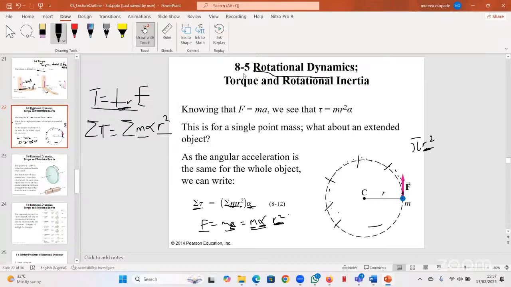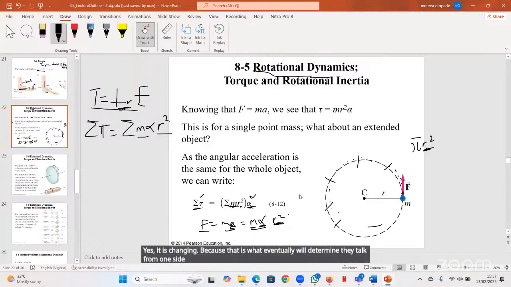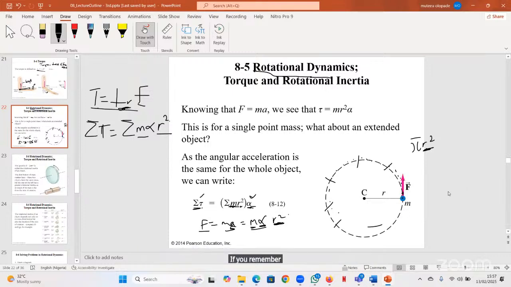Yes, it is changing, because that is what eventually will determine the torque from one side to the other. If you remember when I was talking about a vehicle moving around, in car racing, when it gets to some angle, it has to slow down.